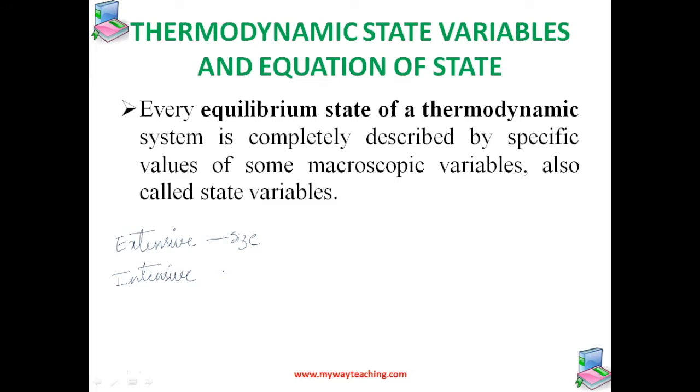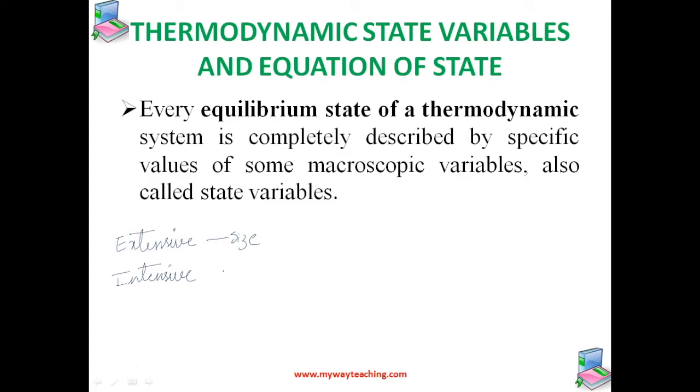It is easily seen, for example, that the internal energy, the volume and the mass are extensive variables because when we divide the system into two parts, these things will become half: internal energy, volume and total mass. Whereas pressure, temperature and density are intensive variables because they will not change if you divide the system.